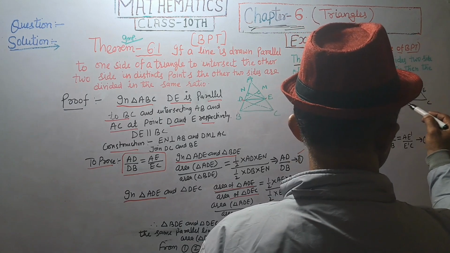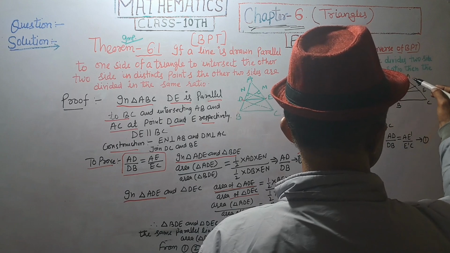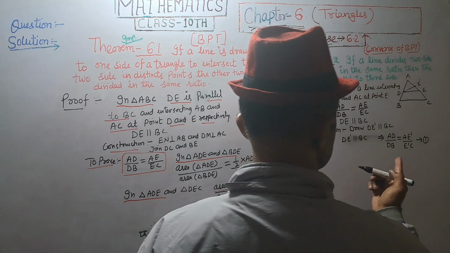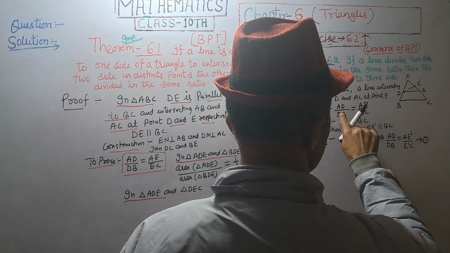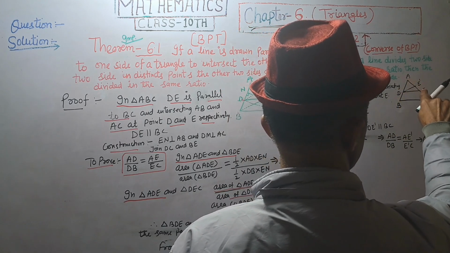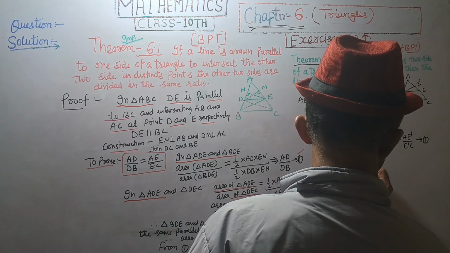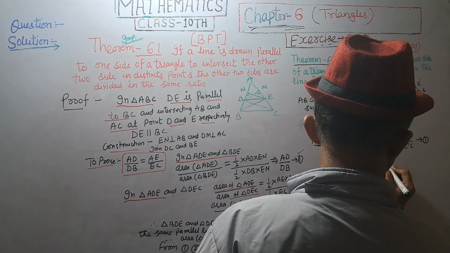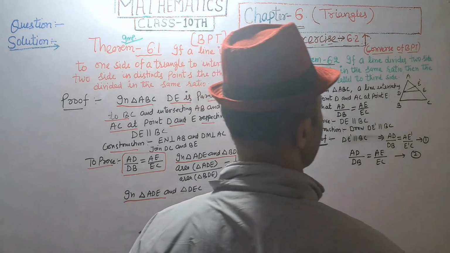If DE dash is parallel to BC, then AD upon DB is equal to AE dash upon E dash C. It's equation number first. And so by the basic proportionality theorem, AD upon DB is equal to AE upon EC. It's equation number second.